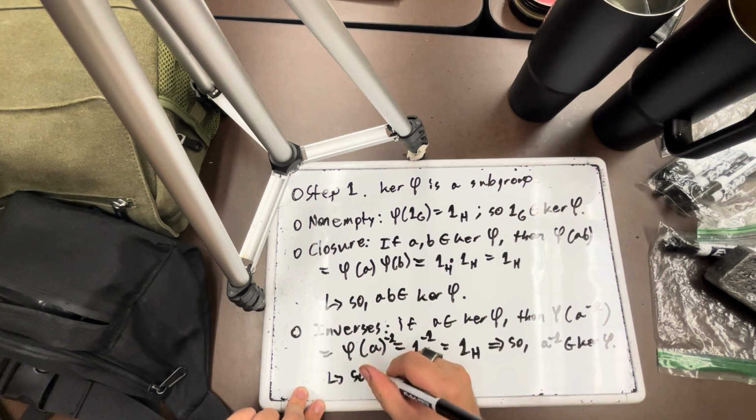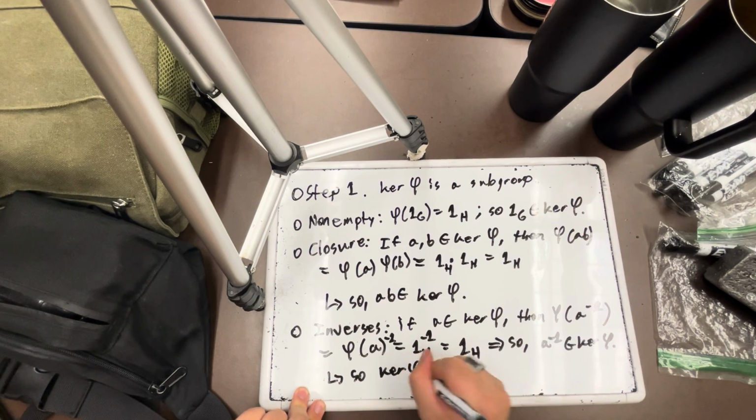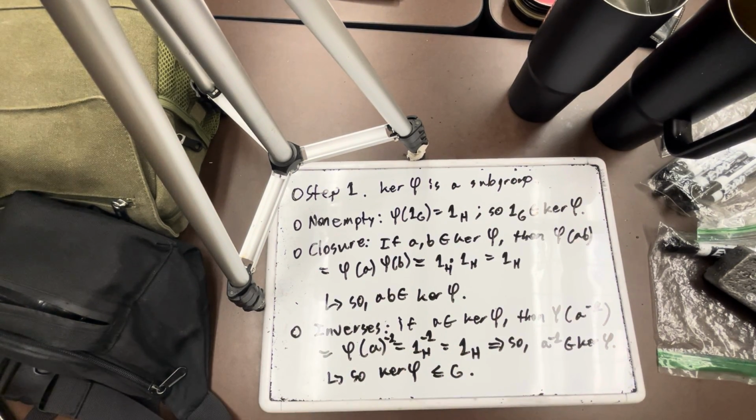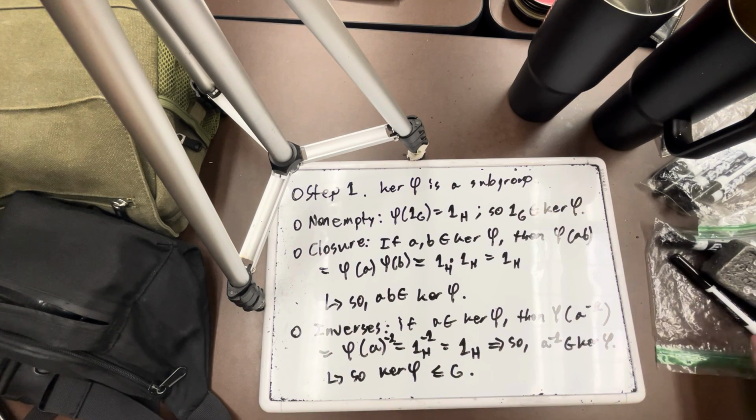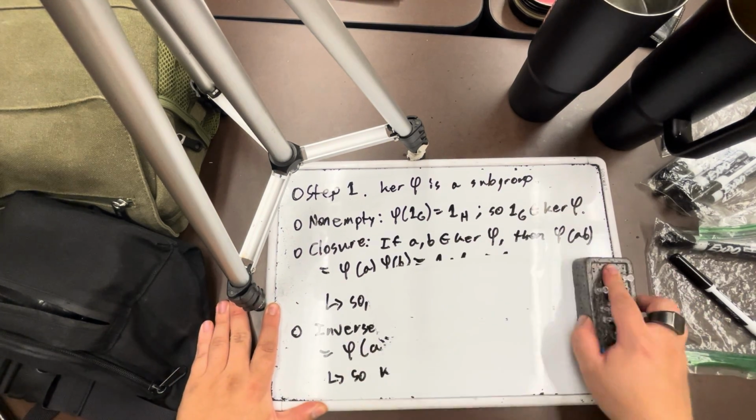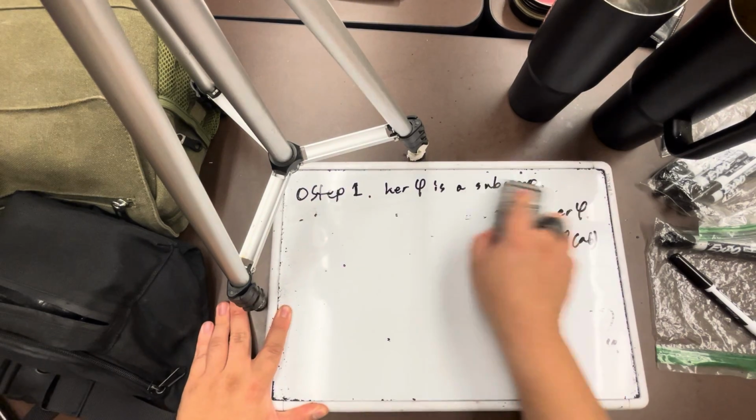So the kernel of phi is a subgroup of G. Pretty cool. Now let's move on to the next part.